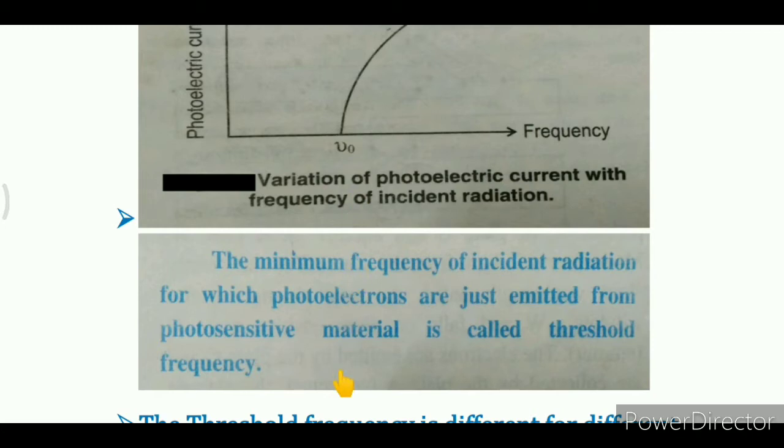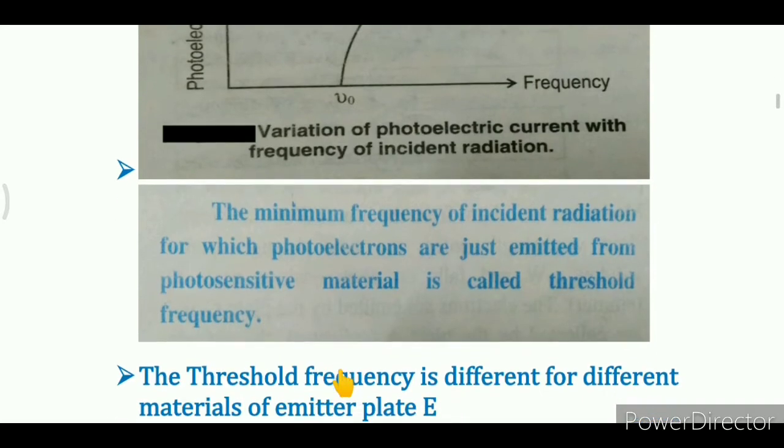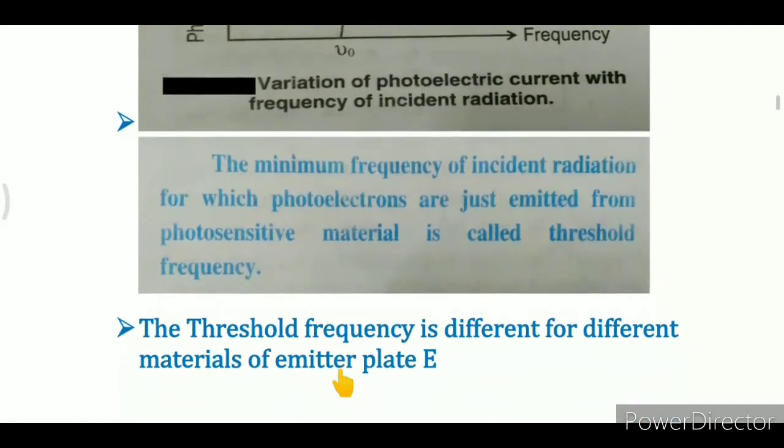The minimum frequency of incident radiation for which photoelectrons are just emitted from a photosensitive material is called the threshold frequency, and the corresponding wavelength is known as the threshold wavelength.